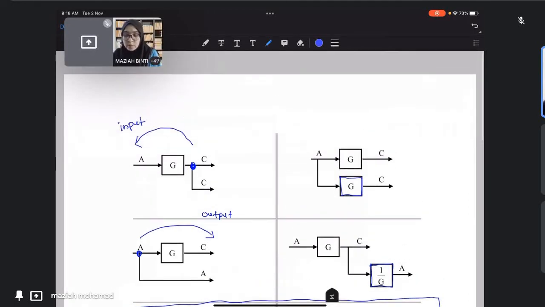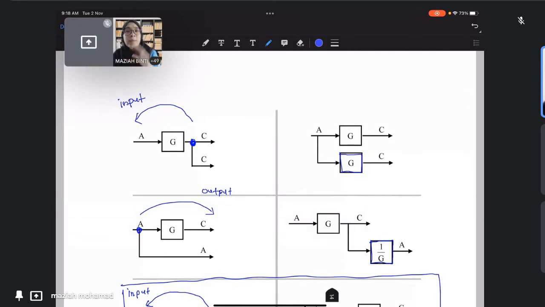All right. To simplify that, we just remember one because it is just vice versa.